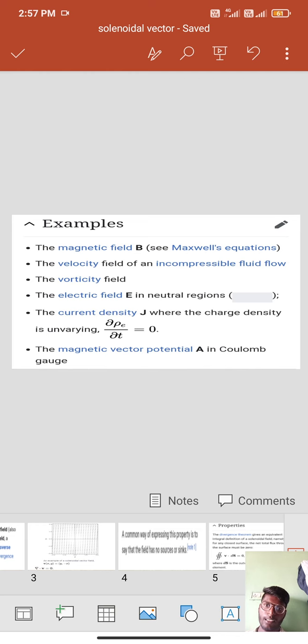Examples of solenoidal vectors are the magnetic field in Maxwell's equations, the velocity field of an incompressible fluid, the vorticity field, electric field, current density, and magnetic vector potential. These are all used in real life.